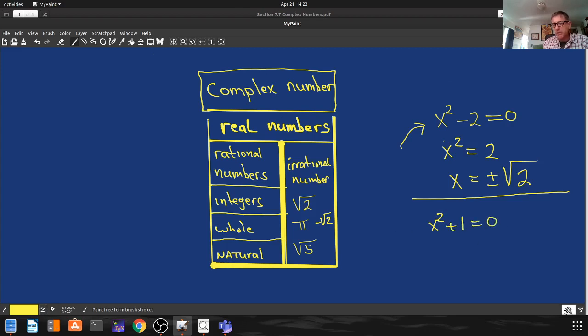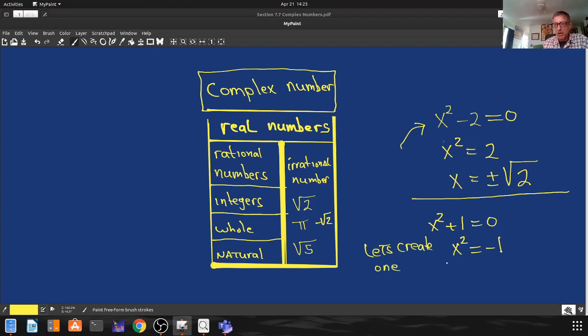Let's try to solve for x. If we do, that implies x squared is equal to minus 1. And we know that there is no real number solution to that equation. So what mathematicians did is they said, okay, presto magic, let's create one.